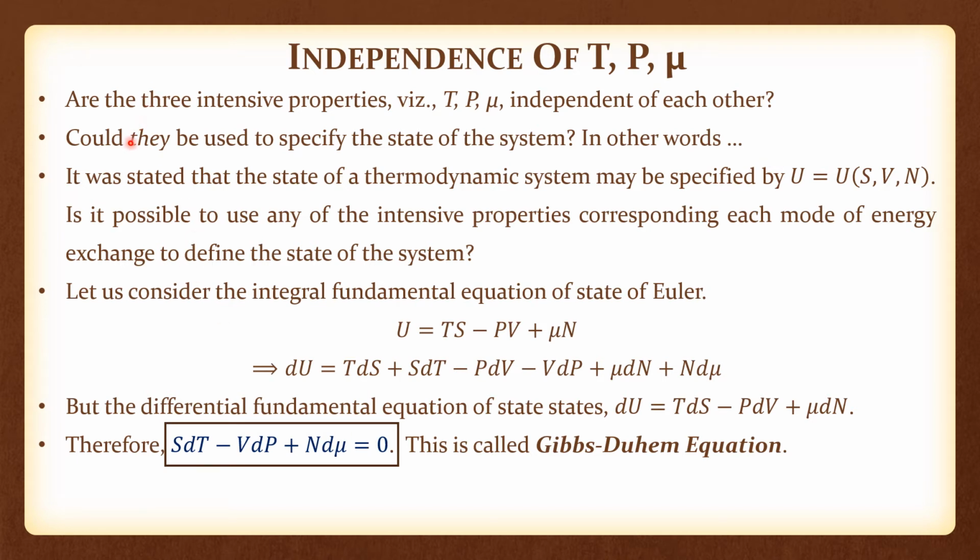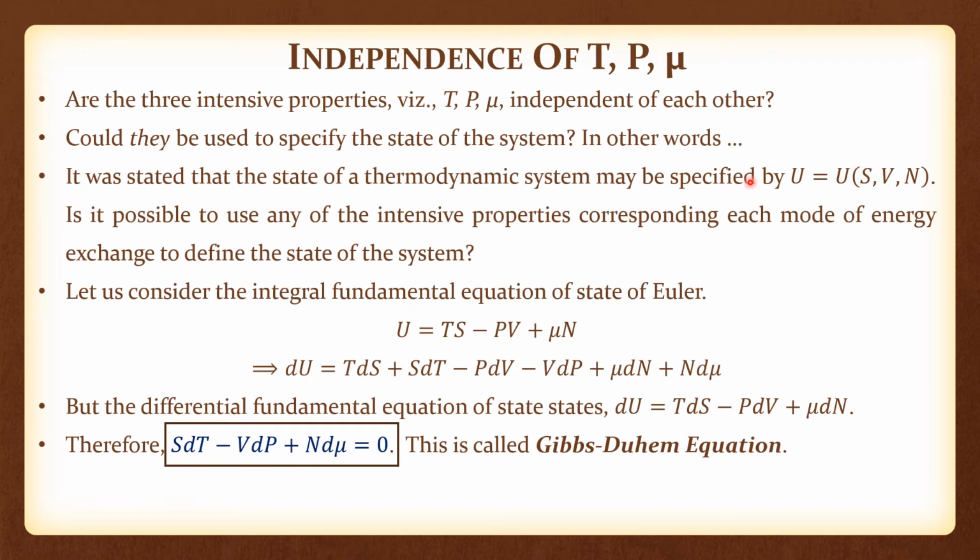Can we use the intensive properties to specify the state of the system? Yes and no. It is indeed possible to use maybe one of the intensive properties, T instead of S, P instead of V, mu instead of N. Maybe I can even use two intensive properties in place of two of the extensive properties.